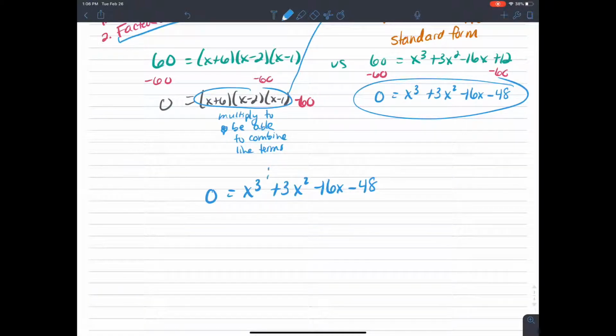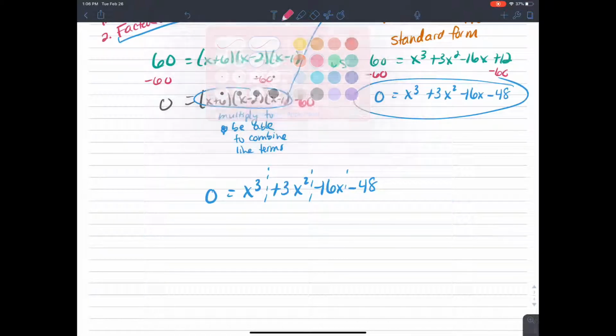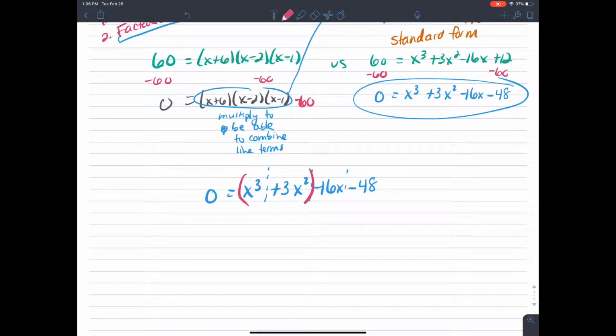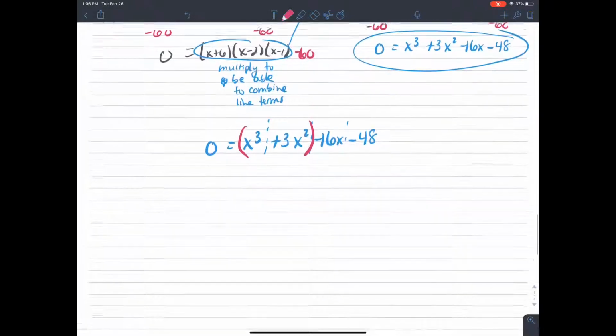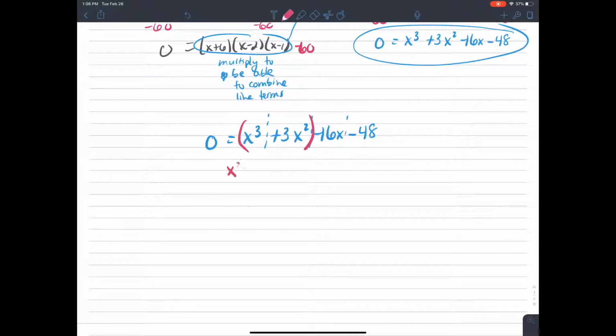Now here we notice there's 4 terms. So if I want to factor something that has 4 terms, our factoring flowchart would tell us to use factor by grouping. So if I look at that first group, they already have a GCF. I could pull out an x squared. So I'd be left with x plus 3. Now in the next grouping, I know that what's left in parentheses has to be x plus 3.